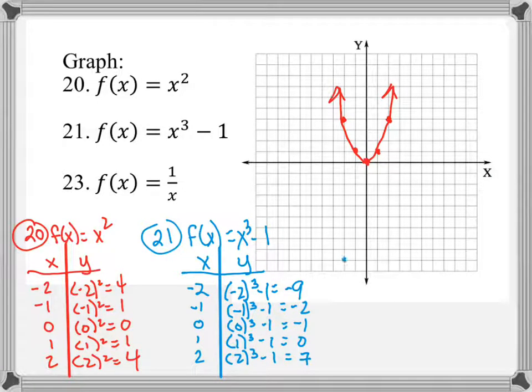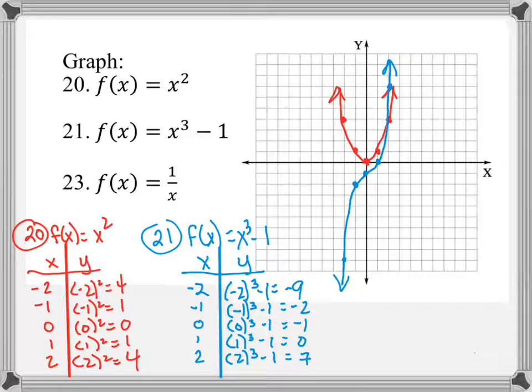Plotting these points, (-2, -9), (-1, -2), (0, -1), (1, 0), (2, 7). And this is a curve, so a cubic function generally has this shape. And there's our graph.